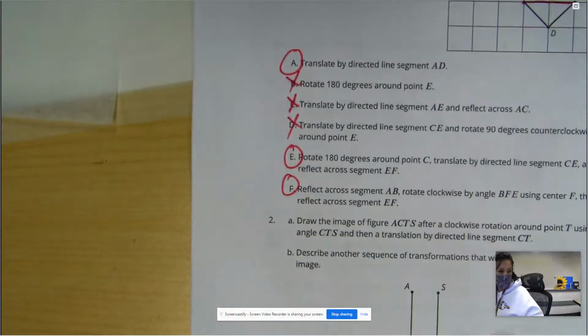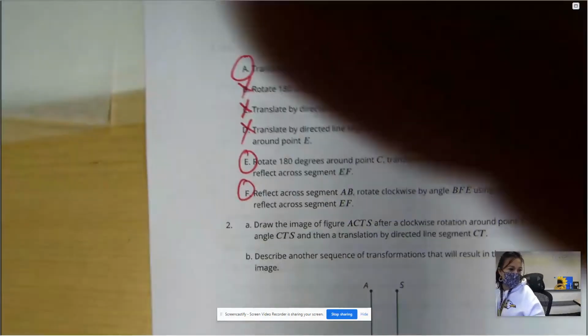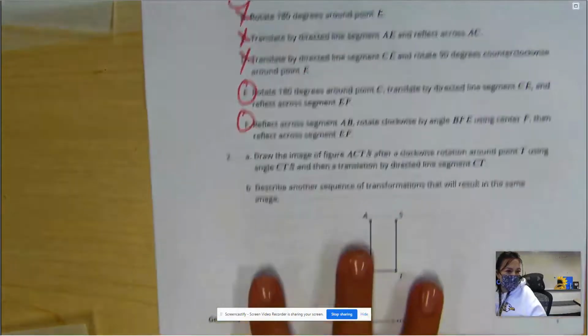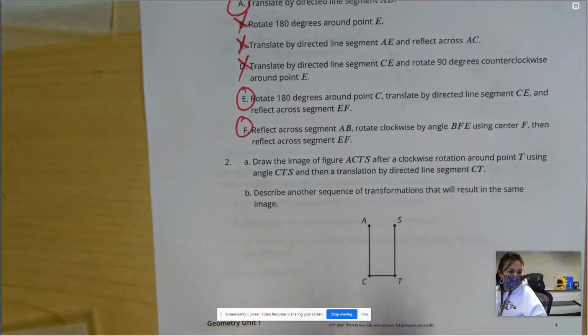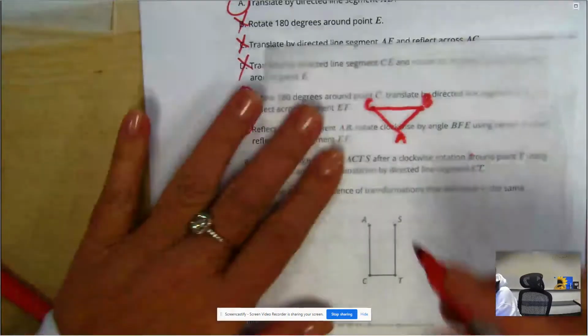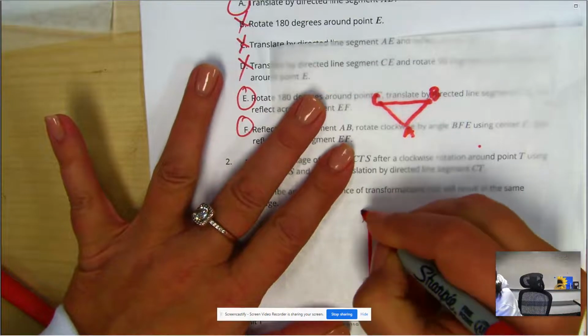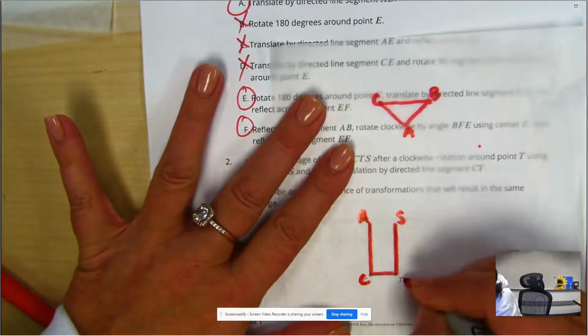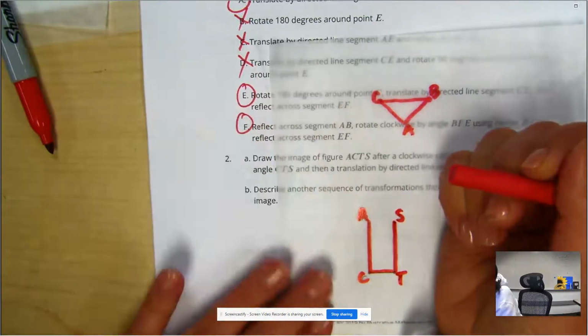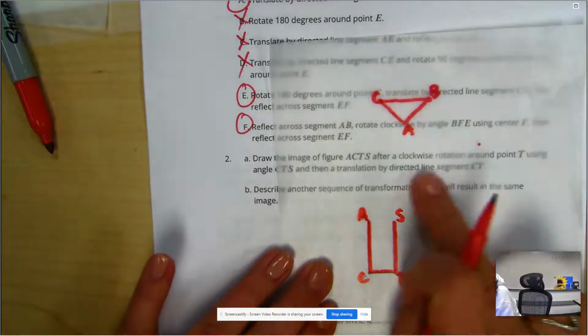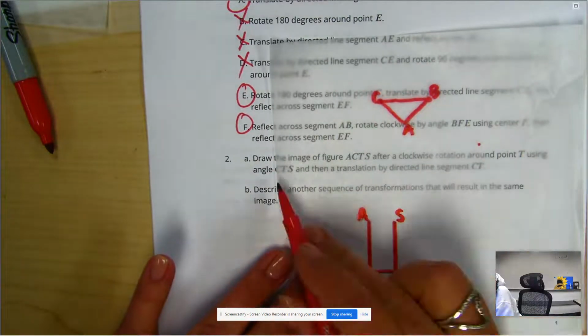Number 2. Draw the image of figure ACTS after a clockwise rotation around point T using angle CTS and then a translation by directed line segment CT. Okay, so it says clockwise rotation around T using angle CTS.